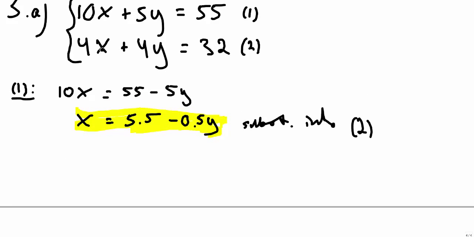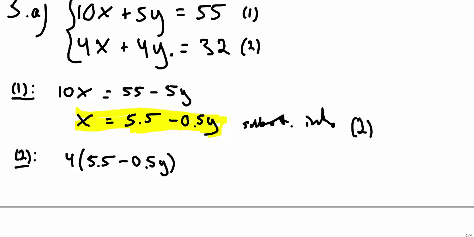So instead of writing x here, I'm going to write this expression. So 4 times and then this expression plus 4y is equal to 32. So let's see, this is number 2. 4 times, and then I'm going to write a bracket, which is the same as multiplying. 5.5 minus 0.5y.